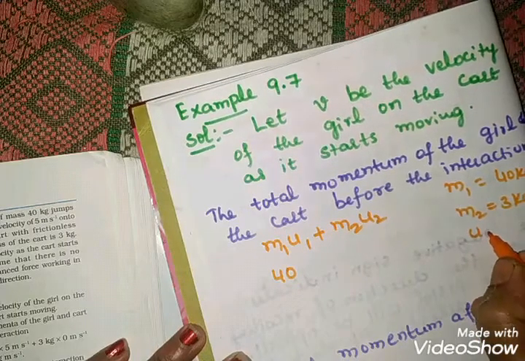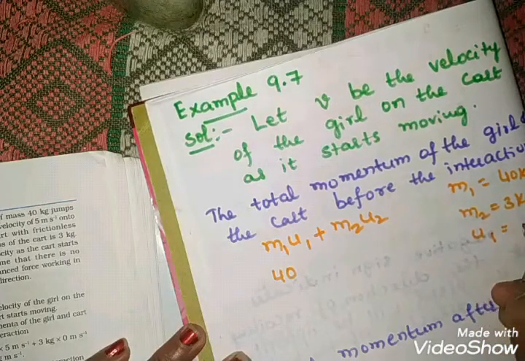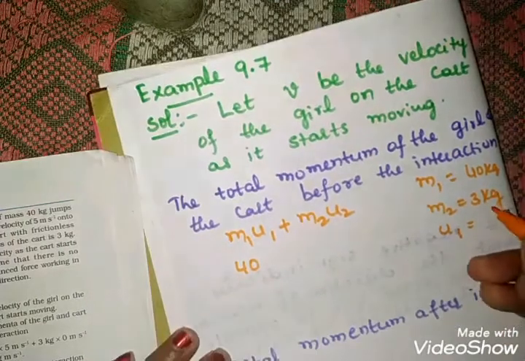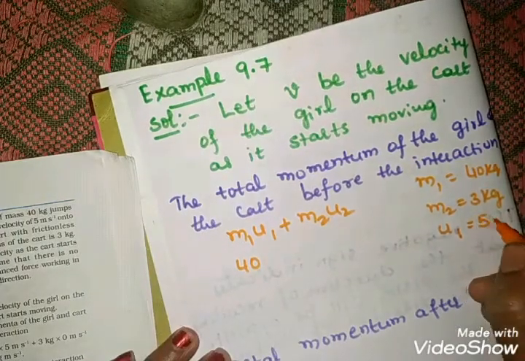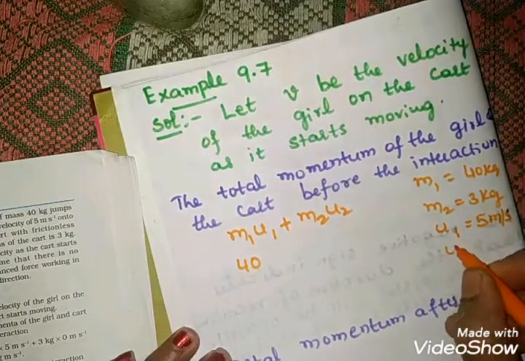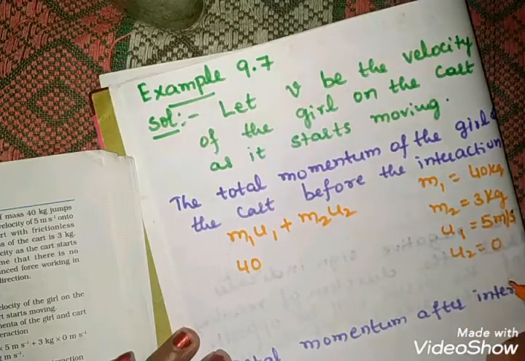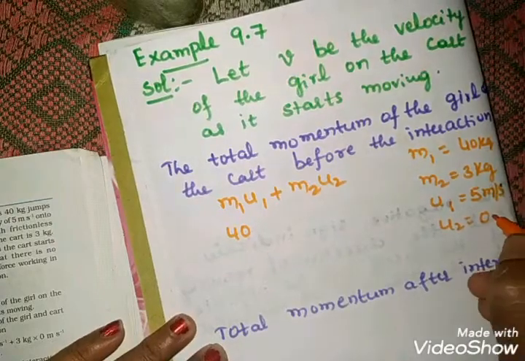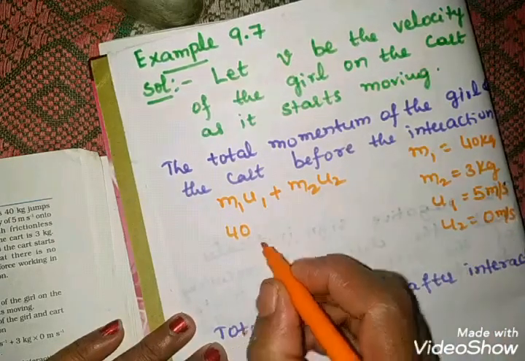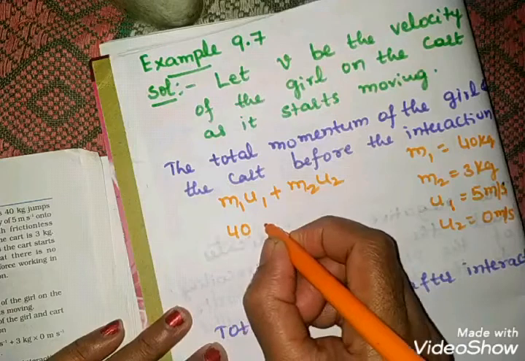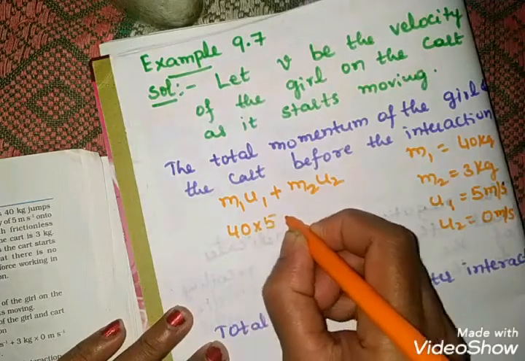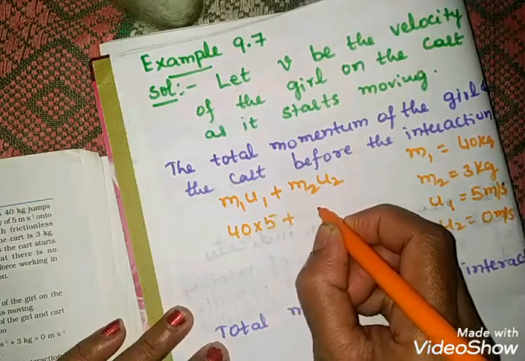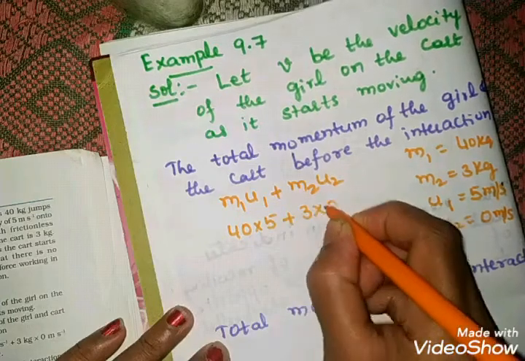and u1, that is of the girl, that is how much? Girl is moving with a velocity of 5 meter per second. u2 is 0 because stationary cart. So it is 0 meter per second. This we have to substitute here. m1 into u1, u1 is 5, plus m2 is 3 kg, u2 is 0.